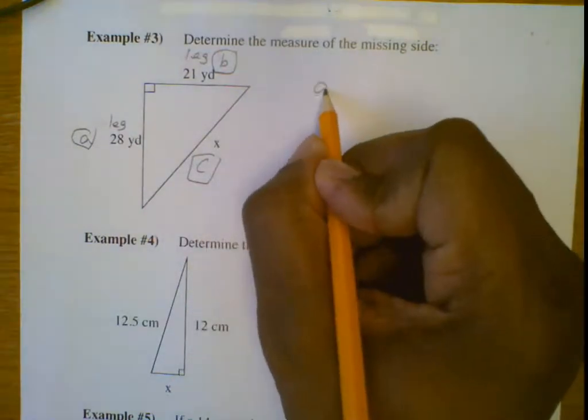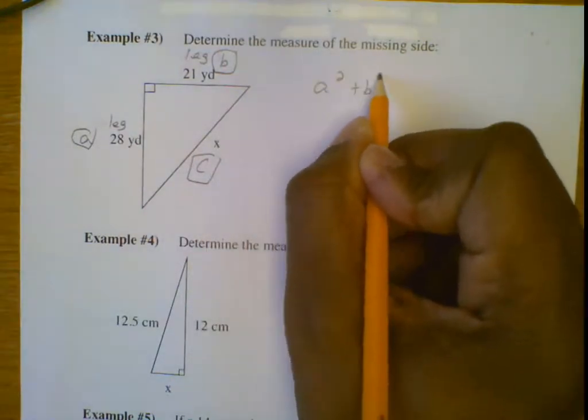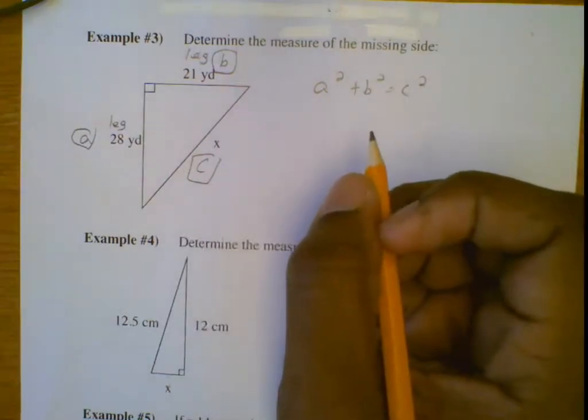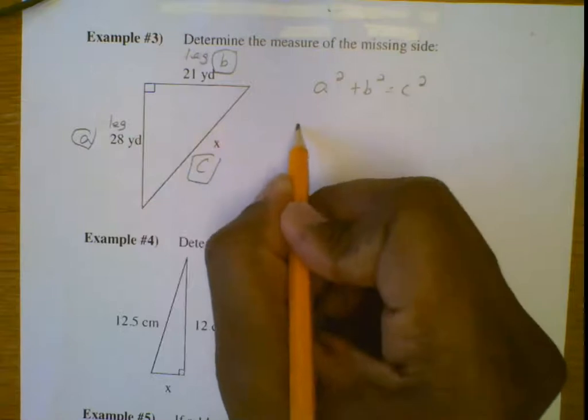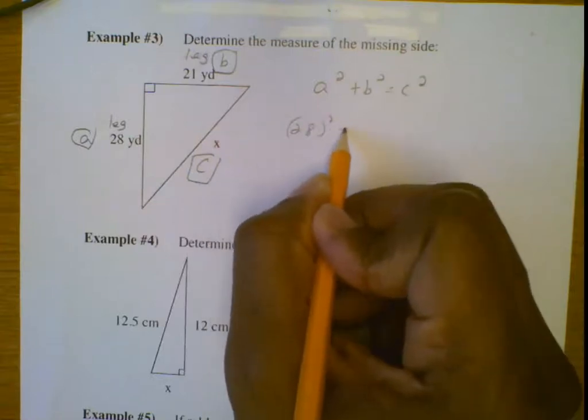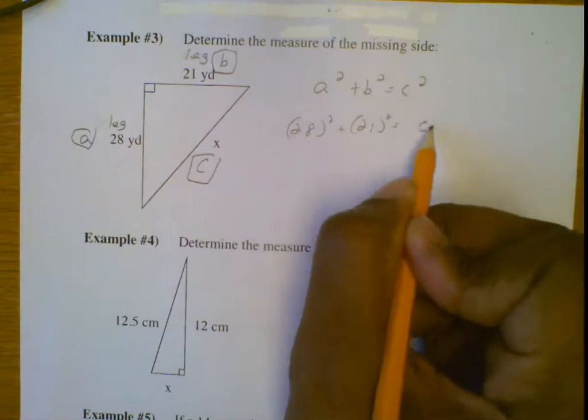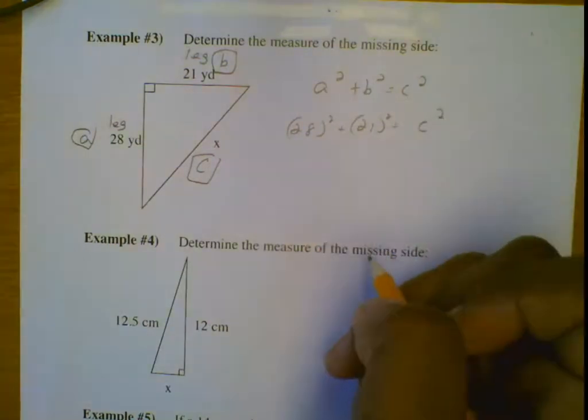I would always start by writing the formula A squared plus B squared equals C squared. And then that would give you 28 to the second plus 21 to the second equals C to the second.